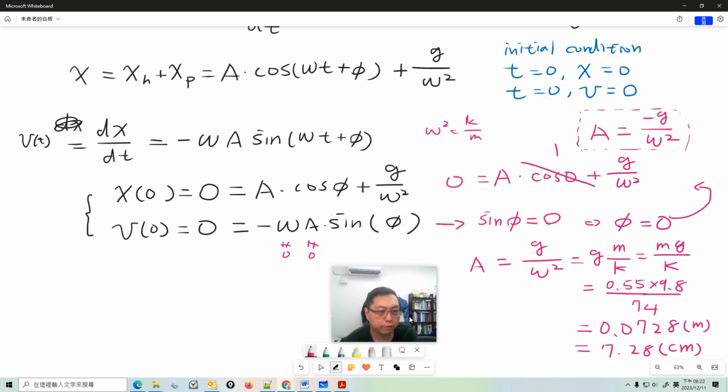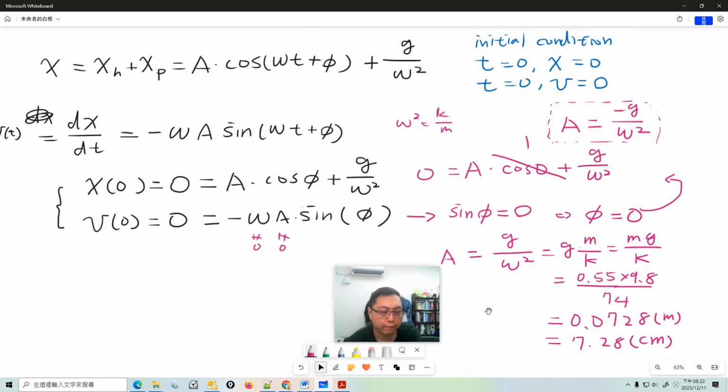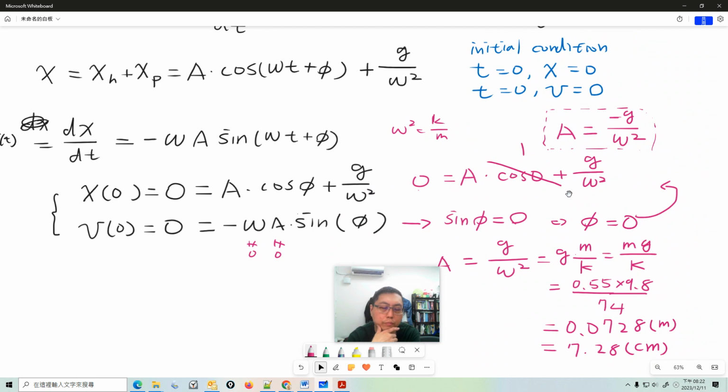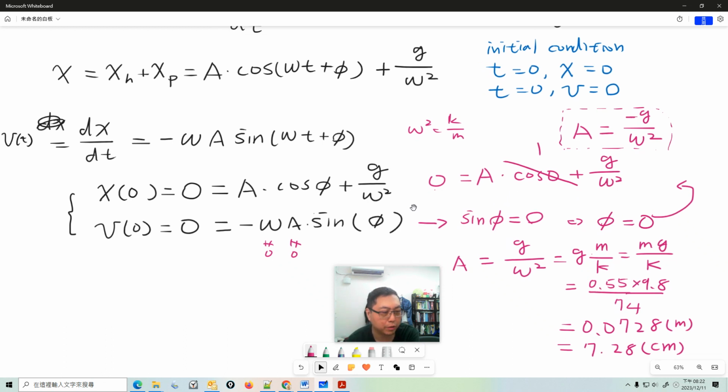After solving this problem, we have a problem with the plus or minus sign. It's very strange. I think it's because of the coordinate system, but the magnitude is the same, it's just plus or minus. For this short time I cannot figure that out.